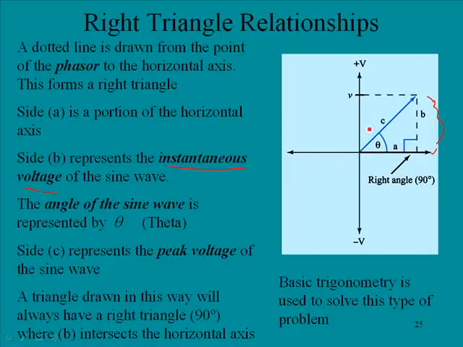So this right here, C is the peak voltage. A triangle drawn in this way will always have a right angle, 90 degrees, right here, where B intersects the horizontal axis. Basic trigonometry is used to solve this type of problem.